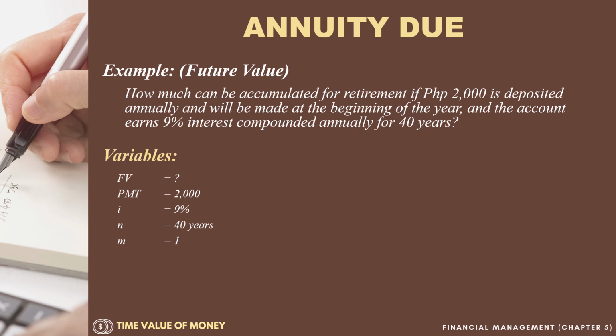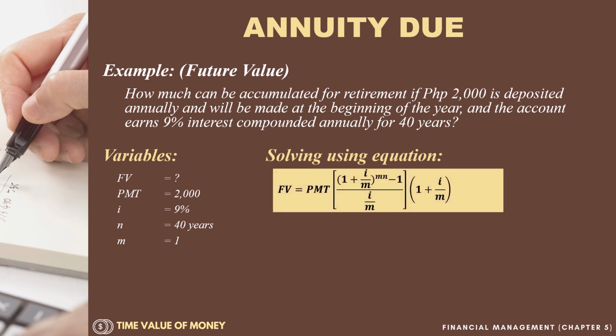Now let's solve the problem using the equation. Now the equation again for the future value annuity due is FV is equal to payment multiplied by 1 plus I over M to the power of M times N minus 1 all over I over M multiplied by 1 plus I over M. Okay, so let's translate this into figures.